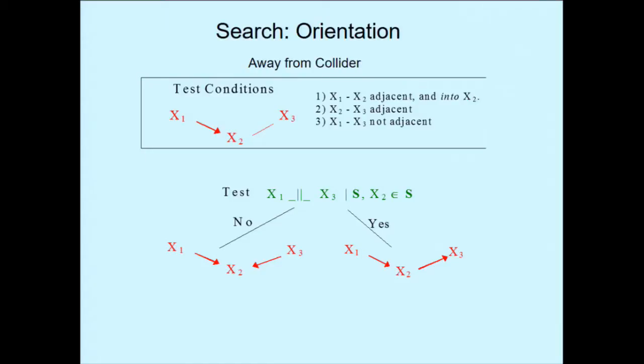Because if it was oriented the other way, if x3 was causing x2, it would be a collider. We know it's a non-collider, so there's only one thing left to do, which is to orient x2 and x3 away from the x2 collider. That turns out to be very powerful, especially in the latent variable case, which I'll come back to in a second.